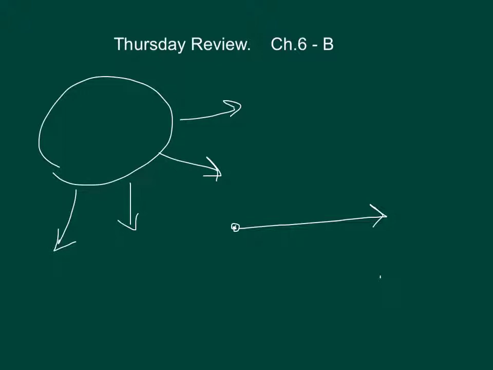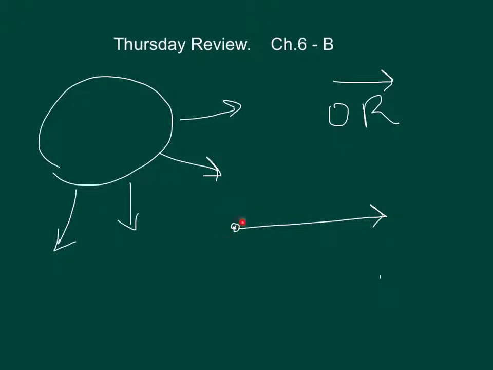So if it asks you to draw ray OR, we look at what is at the beginning here, the O. The O lines up with this side. It does not have an arrow on it. So the same thing with this ray.